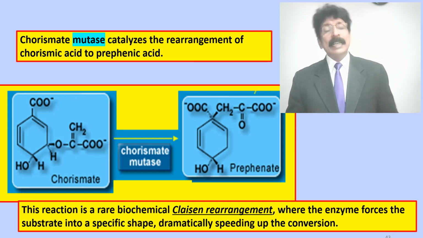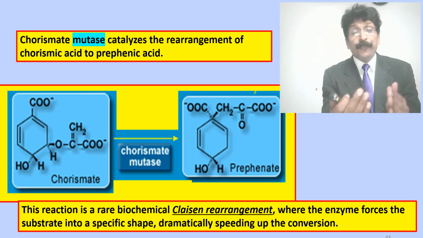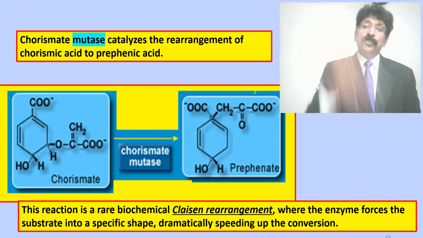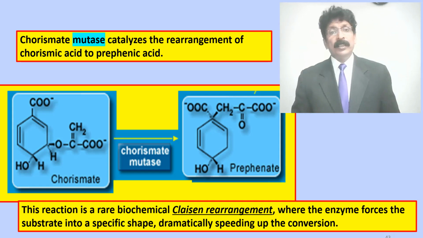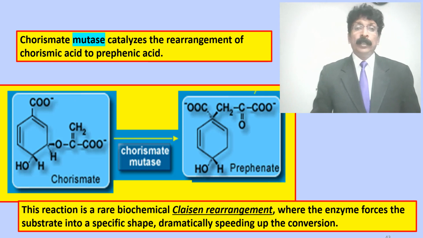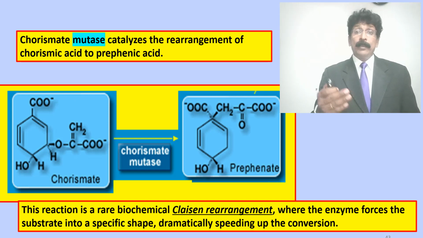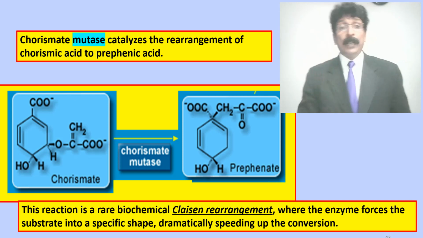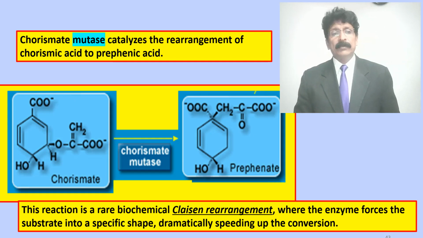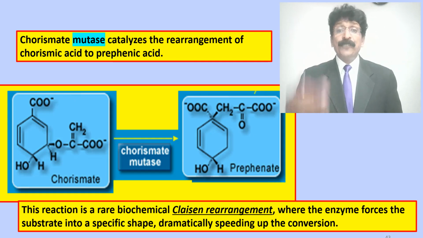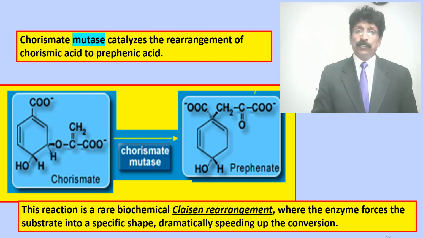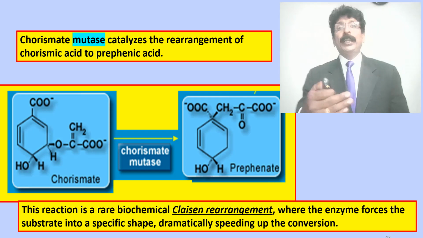This reaction is a rare biochemical Claisen rearrangement. This rearrangement is the shifting from the third position to the number one position of this CH2COCOO. See how the 3 carbon atom is getting shifted from the third position to the top position by means of the mutase enzyme.